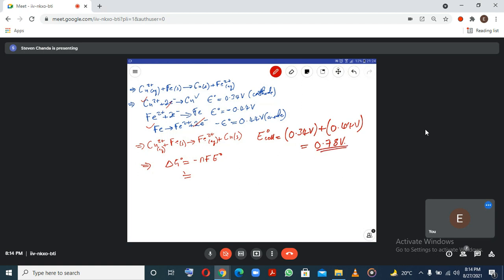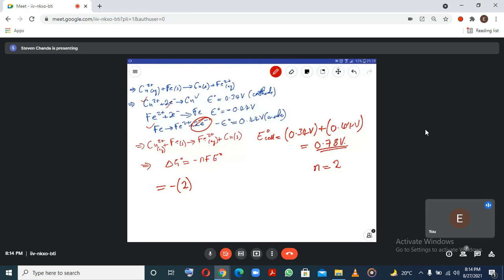So you see now we've got that. For us to find this, we're going to say negative. How many electrons were transferred? You've got two electrons here, so your N is 2. Faraday's constant is a constant, it's always the same. And we've calculated our E cell. So negative, the number of electrons there too.